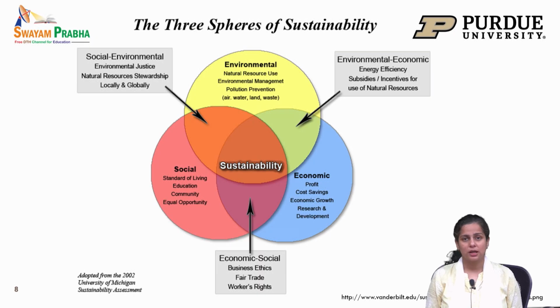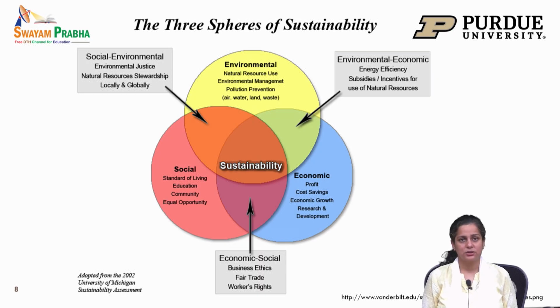Similarly, at the intersection of the social and environmental, we have environmental justice and natural resource stewardship, and locally and globally, we are looking at how we can maintain societies and communities that can function well with the environment. And then the last is the social and economic, which covers business ethics, fair trade, and workers' rights. So we have seen how these different things are important for maintaining the sustainability of the overall systems.